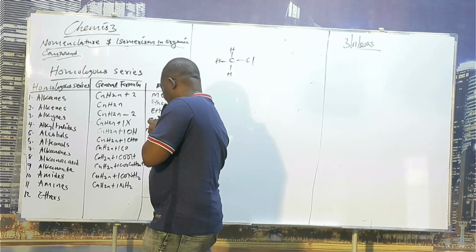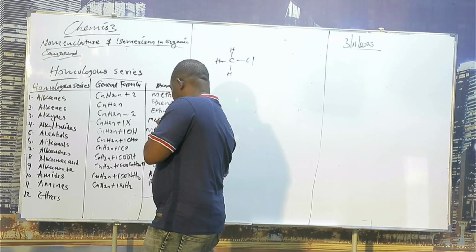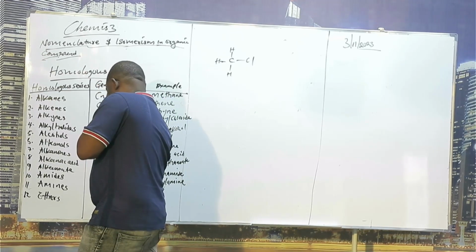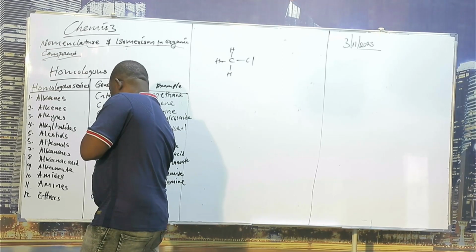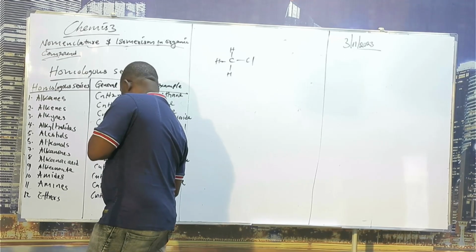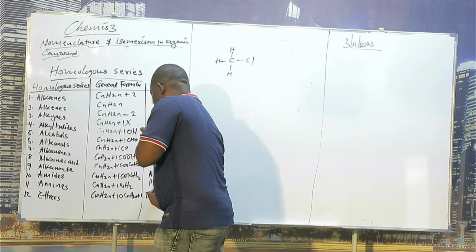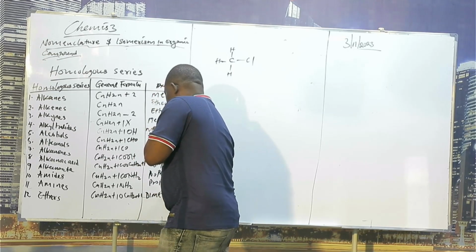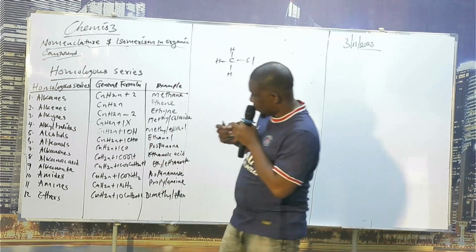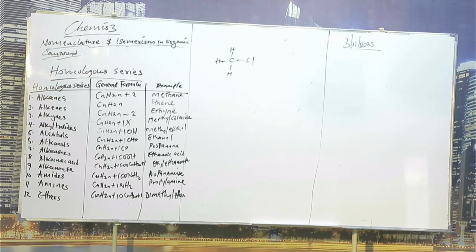This one is propylamine. The last one is CnH2n+1OCnH2n+1. This one is dimethyl ether. Please copy all of this. I will explain it. Okay.